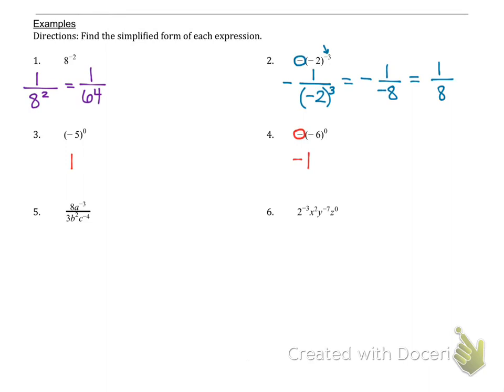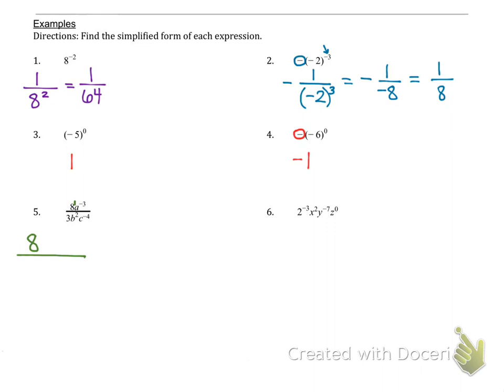You need to think of the 8 and the a as two separate terms. So if I give the 8 an exponent, there would be a little invisible 1 right here. So that already has a positive exponent. So when I rewrite this, the 8 is going to stay on the top of the fraction.